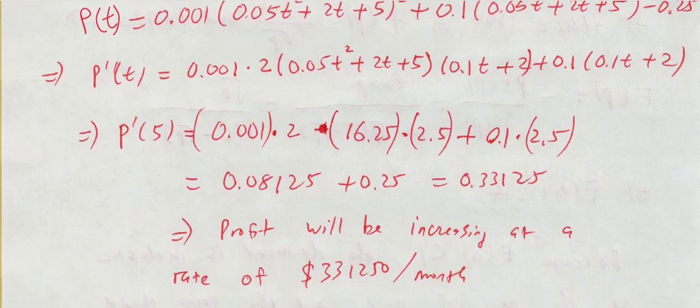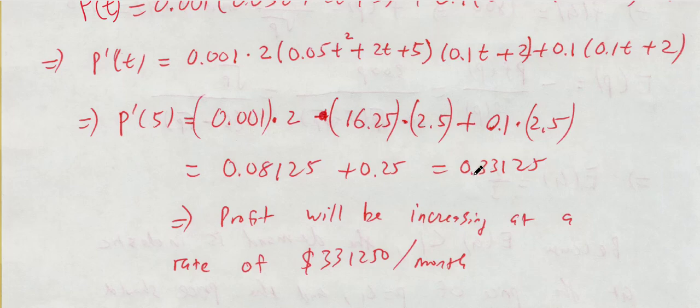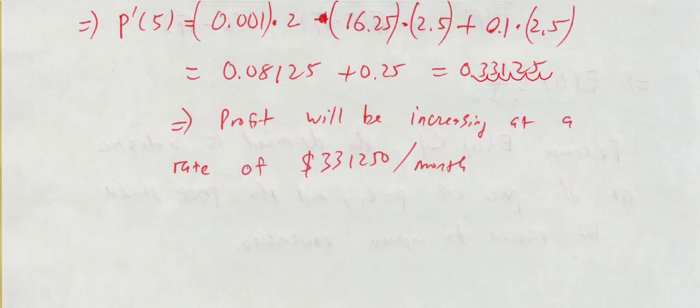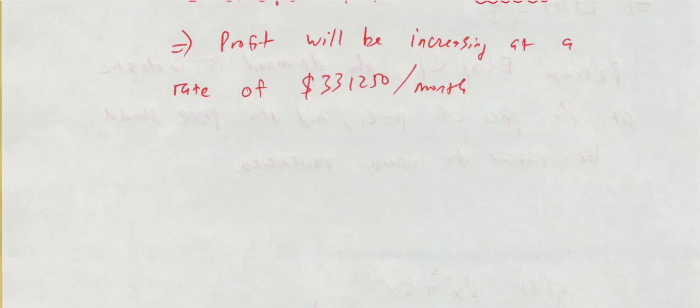That's why if I move 1, 2, 3, 4, 5, 6, that becomes 331,250 dollars per month. The rate of change is this much in dollars for the profits per month. Okay, let's move on to the next question.